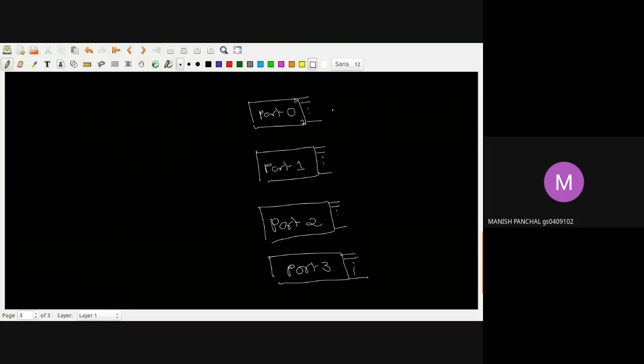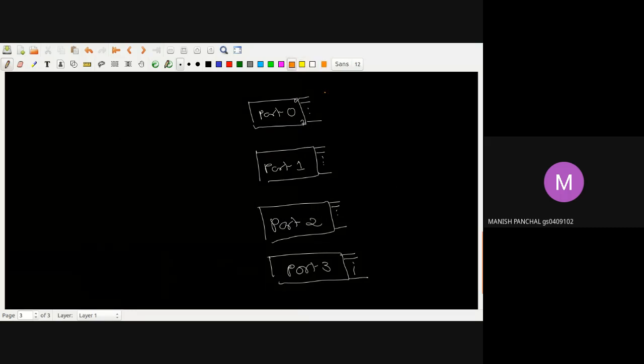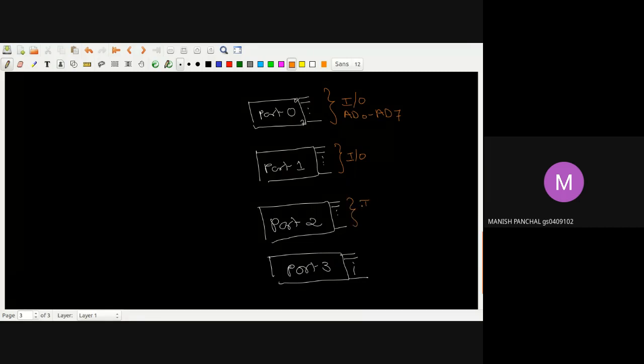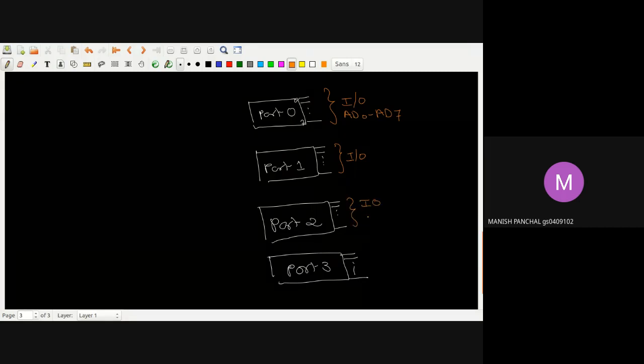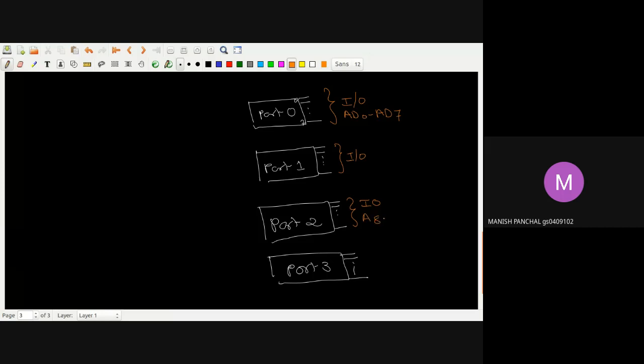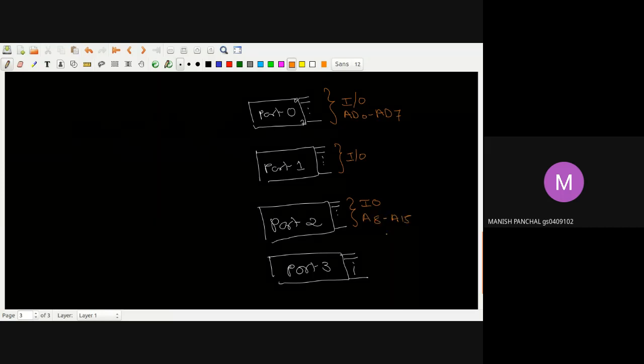Okay, so we know the functionality of this one: this is used for IO as well as for AD0 to AD7. This port is only used for IO, so that is a simple thing. This one is used for IO as well as for the higher order address bus, so A8 to A15 are available here.